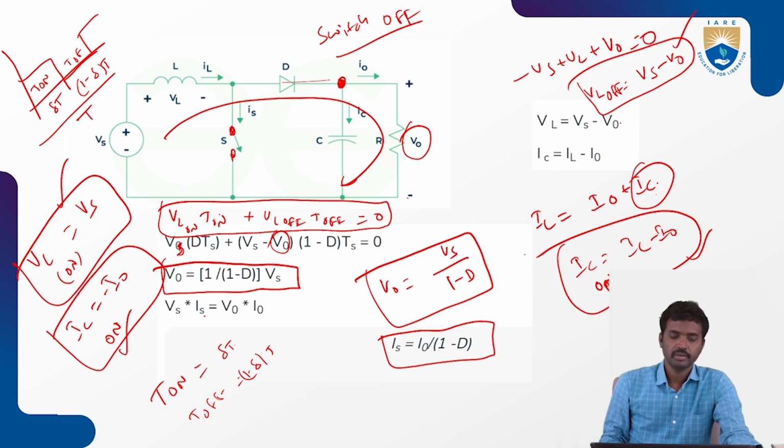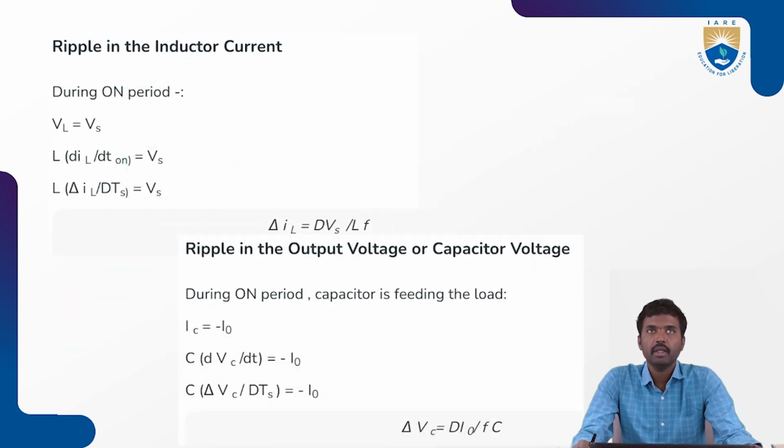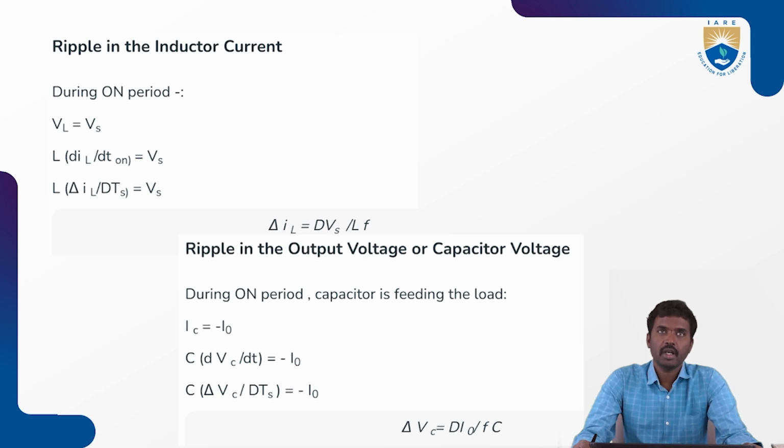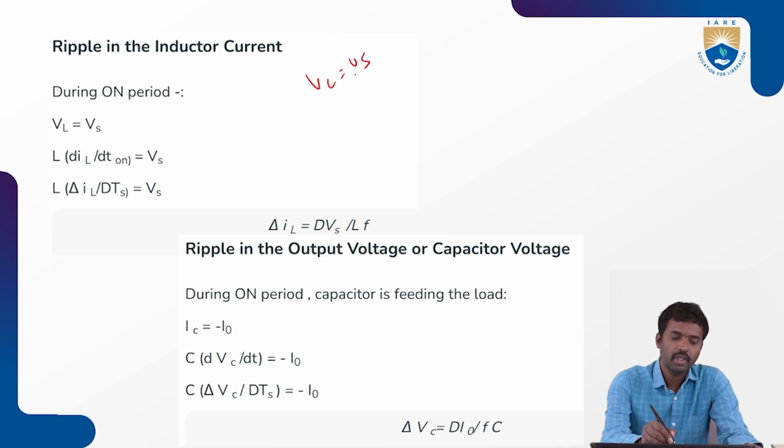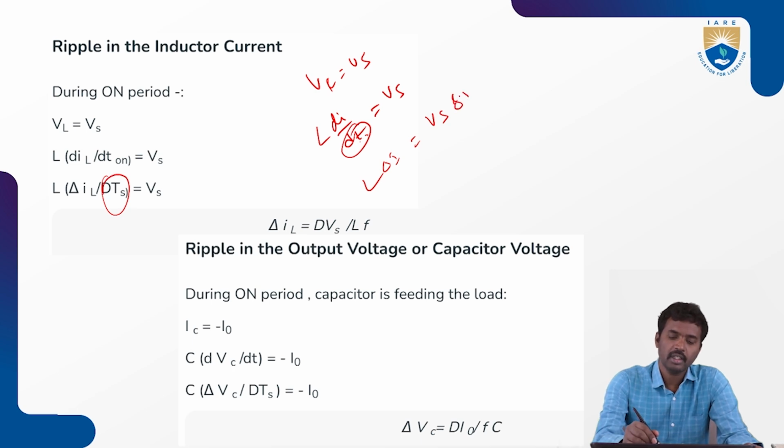So now next, the ripple in the inductor. During turn on, VL equals Vs. So VL means L into dIL by dt equals Vs. So now dt means delta T, which is D into Ts, and L into del IL equals Vs into D into T. So del IL equals D Vs by L into f.